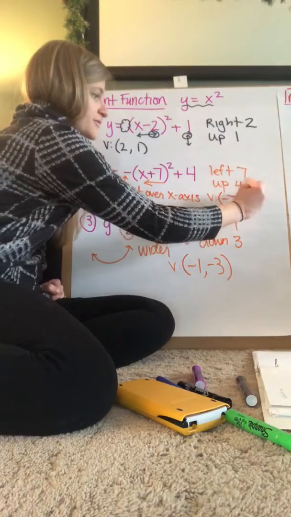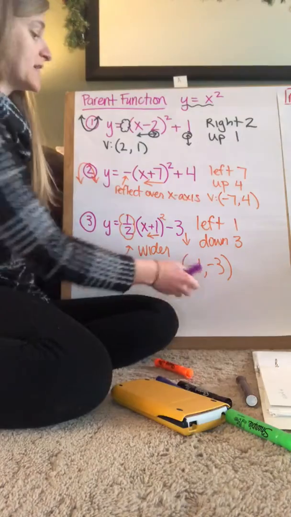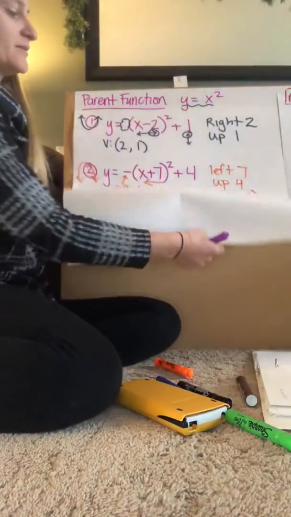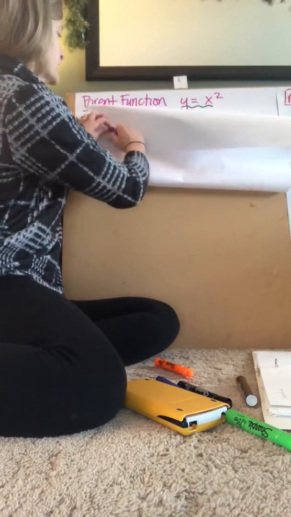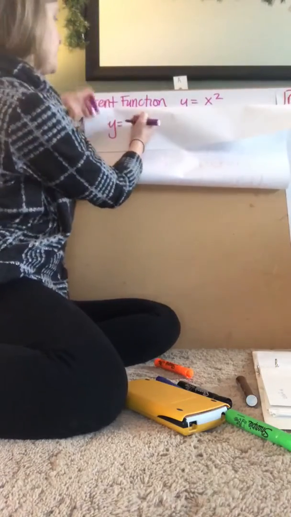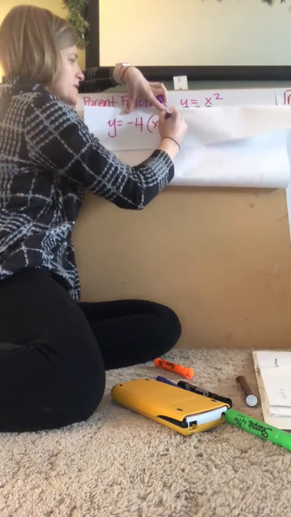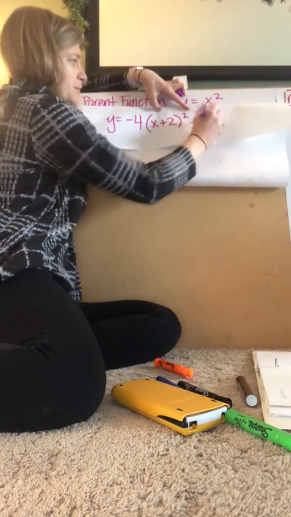Okay. If I had an example that had a positive value or a negative, doesn't matter, but the number was greater than 1 out in front. So let's look at y is equal to, let's do -4 (x plus 2) squared plus 3.